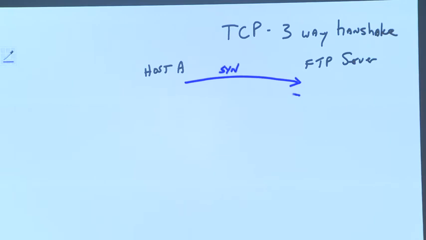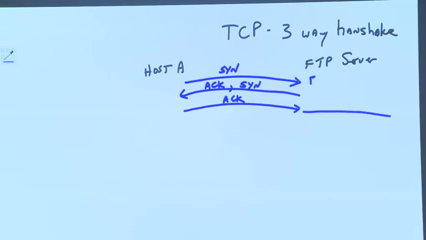What are you sending back? An acknowledgement, yeah, I received this, and I'm also sending a synchronization bit in this direction. Once host A has received this, they're going to say, yeah, I want to go ahead and respond to this. So here is your acknowledgement going back in the other direction. At this moment, this is known as an embryonic connection.